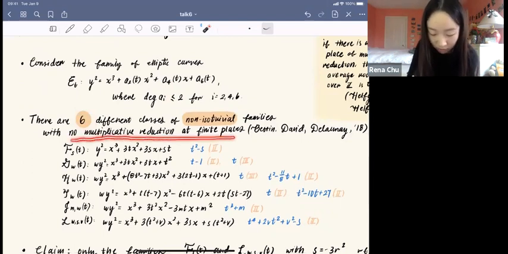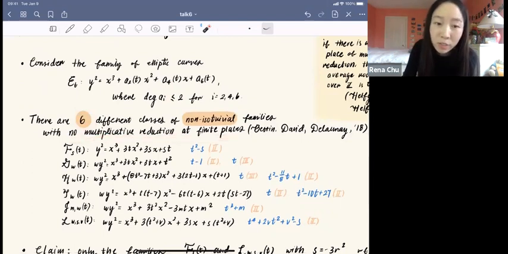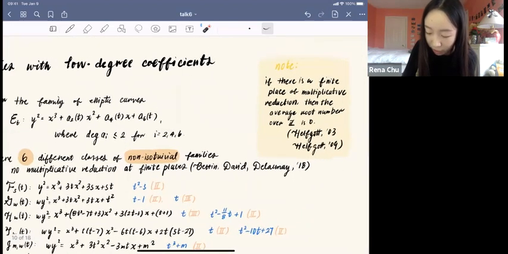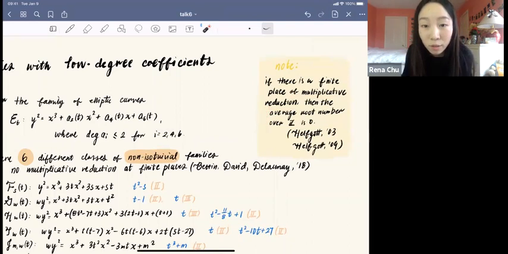Here you may notice they have no multiplicative reduction at finite places. The reason why we have this criterion is because if we do have a finite place of multiplicative reduction, then Helfgott showed that the average root number over the integers is actually 0. And what does that mean? Well, the root number can only be 1 or -1.